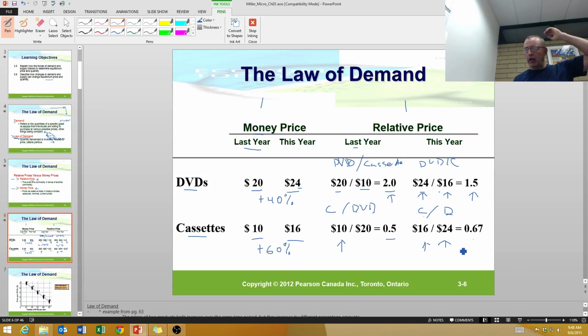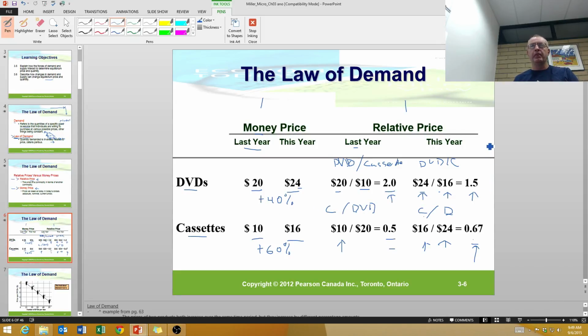So the relative price of cassettes has increased over this period from half a DVD to 0.67 DVDs.